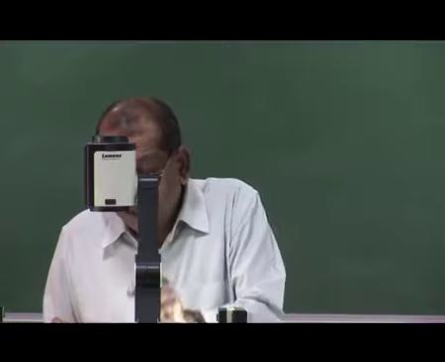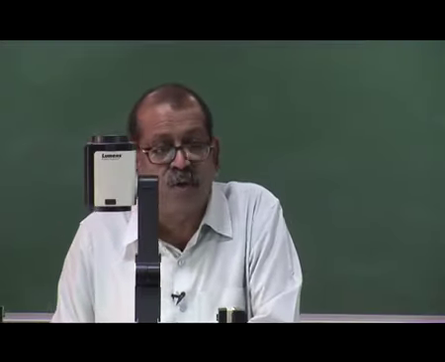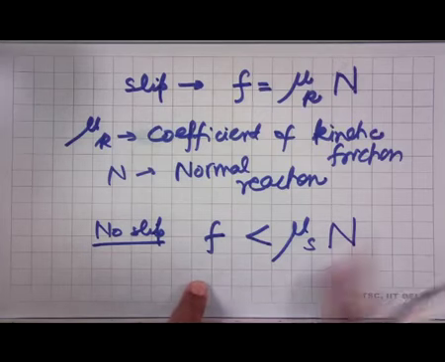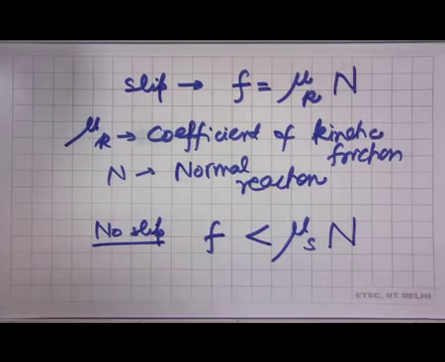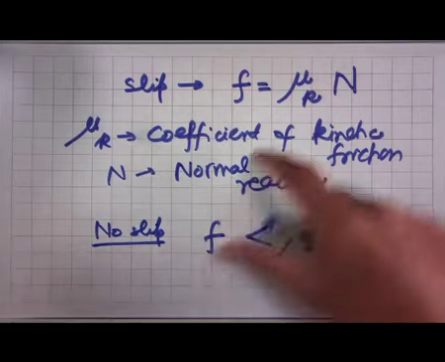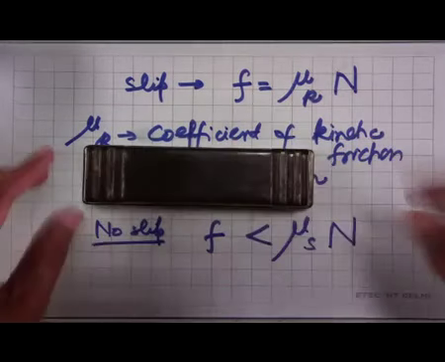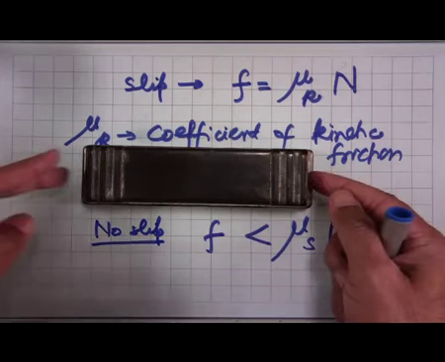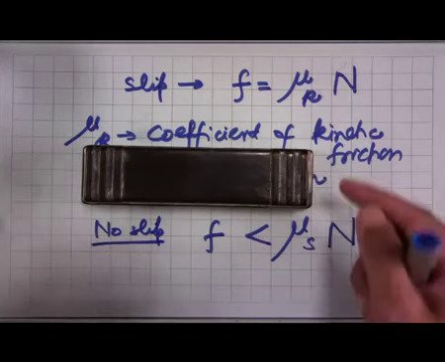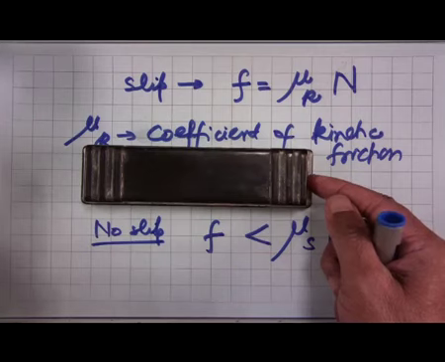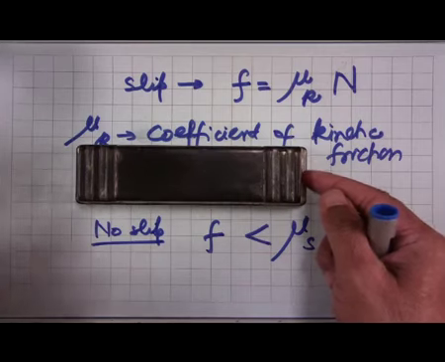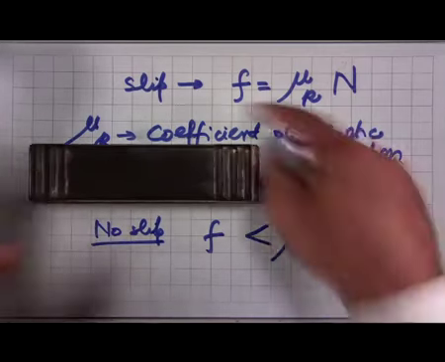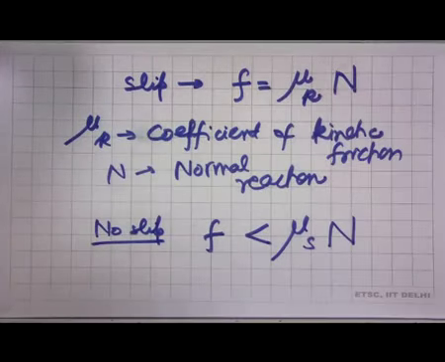All we can say is that the maximum value of friction force till we start to have slip will be equal to mu s n. So with this duster, when I apply a small force, if the force is less than mu s n, there is no movement, and when it becomes equal to mu s n, it will start to move, and after that the force of friction will be given by mu k times n.